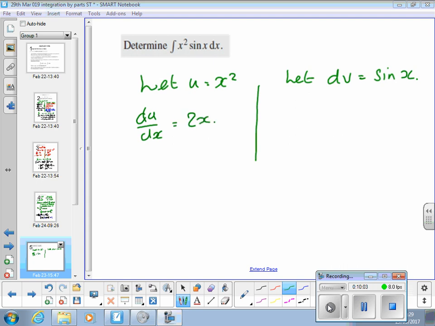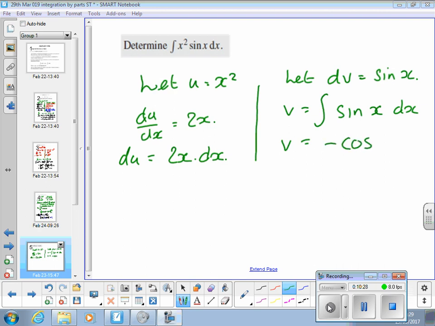2x, du is equal to 2x dx, and over here v equals the integral of sin x dx, so v is equal to minus cos x. So when I plug it into the formula, what do I get?